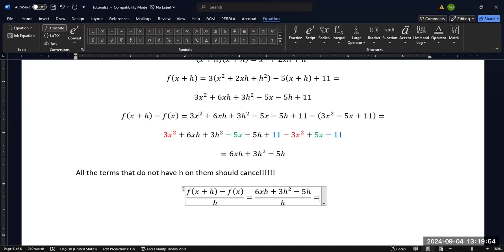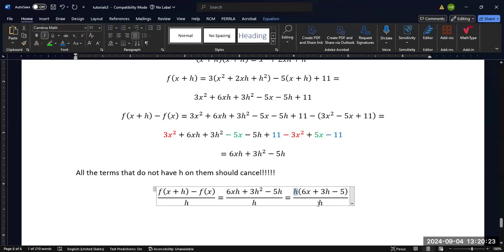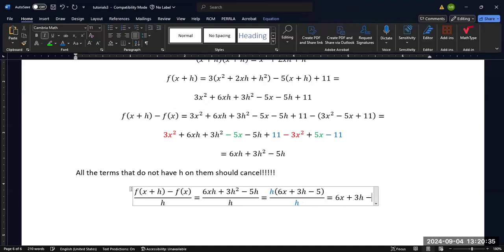Again, it's sort of tempting to just kind of splash, but you have to be careful to make sure that you cancel an h on every term, because division and multiplication cancel each other, not addition and subtraction. So we're going to factor out an h, 6x plus 3h minus 5 divided by h. And now our h's can cancel. And so we're left with 6x plus 3h minus 5.